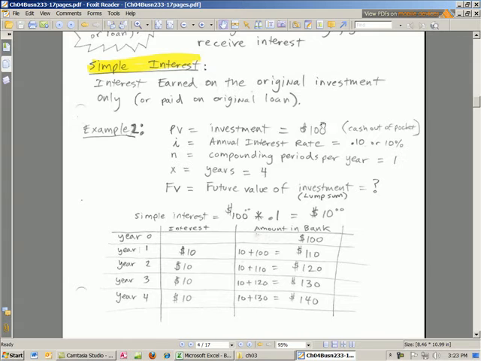If you invest $100, they're going to give you an annual interest rate of 10%, but they're not going to compound it. When they do the simple interest calculation, $100 times 10% is $10. They just slap $10 into your account each year. So at the end of the first year, it's $110. Then they give you another $10, another 10, another 10. So after 4 years, you have $140.